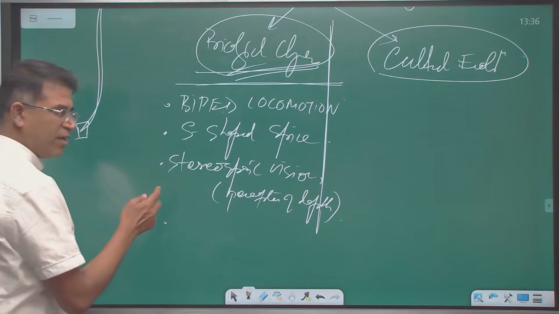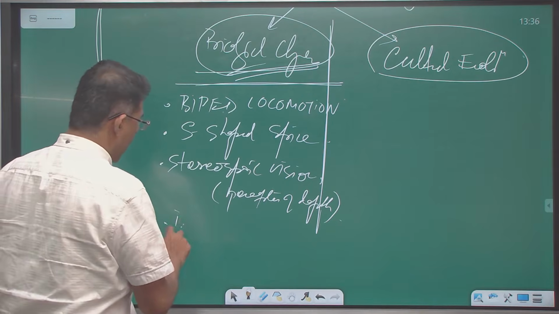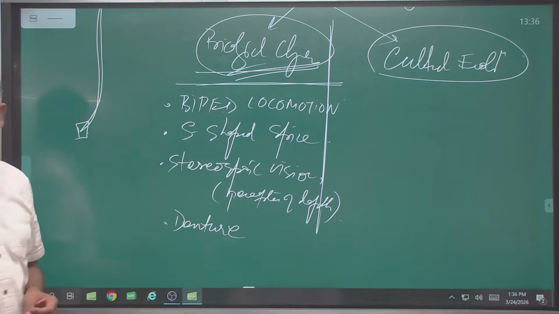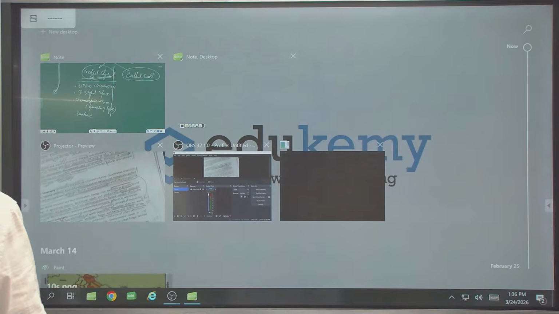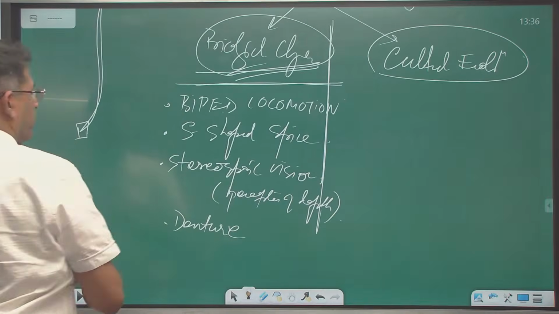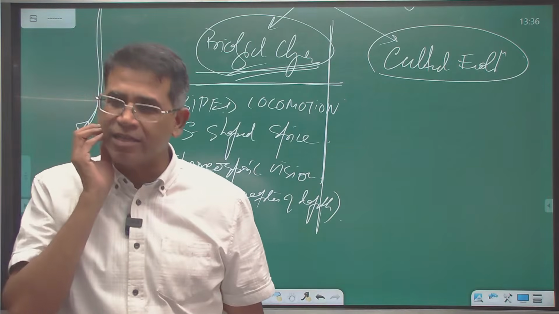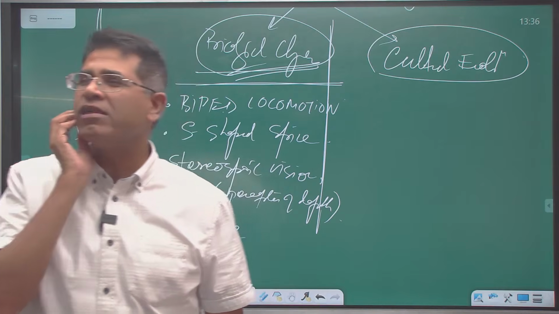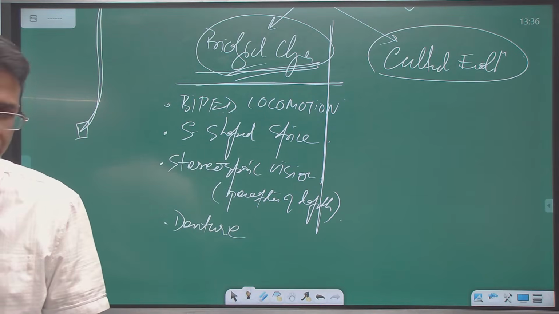इसी से linked है our denture evolution. Teeth. We have got molars, incisors, canines. The type of teeth is for the type of food you eat.